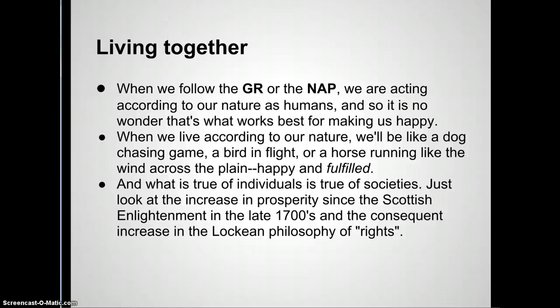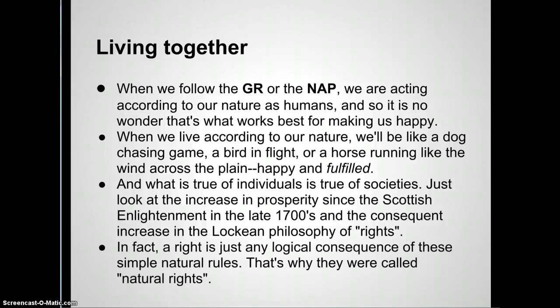And what's true of individuals is true of societies. Just look at the increase in prosperity since the Scottish Enlightenment in the late 1700s and the consequent increase in the Lockean philosophy of rights. In fact, a right is just any logical consequence of these simple natural rules. That's why they were called rights, natural rights.